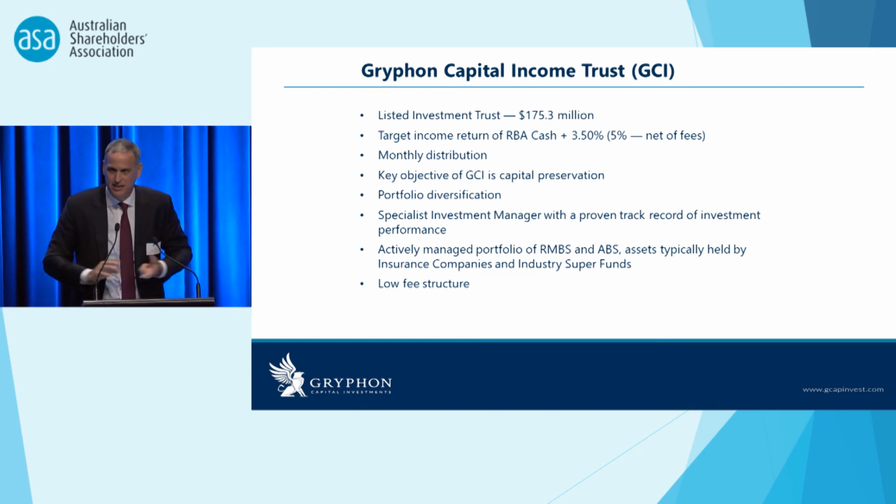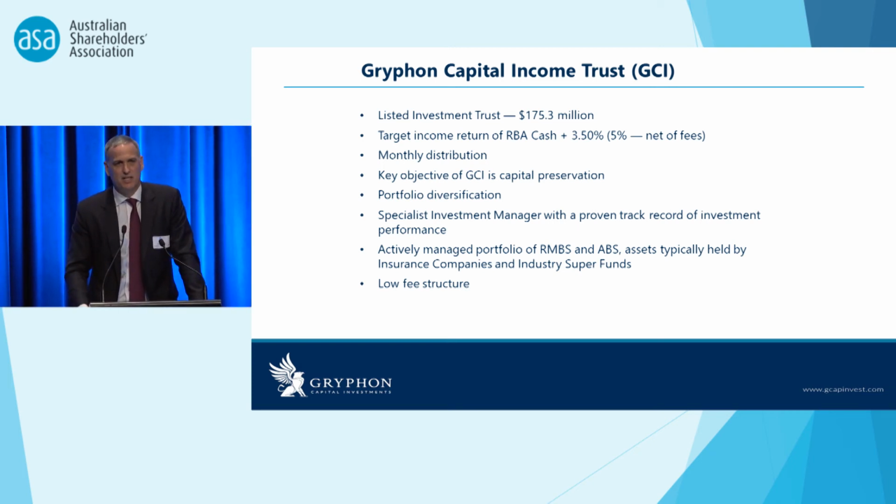We don't take interest rate risk. We only invest in one sector of the market. So what's the sector that we've chosen to invest in and pour all our resources, time, effort, expertise into? We've chosen the RMBS, the mortgage sector, the RMBS and ABS sector.